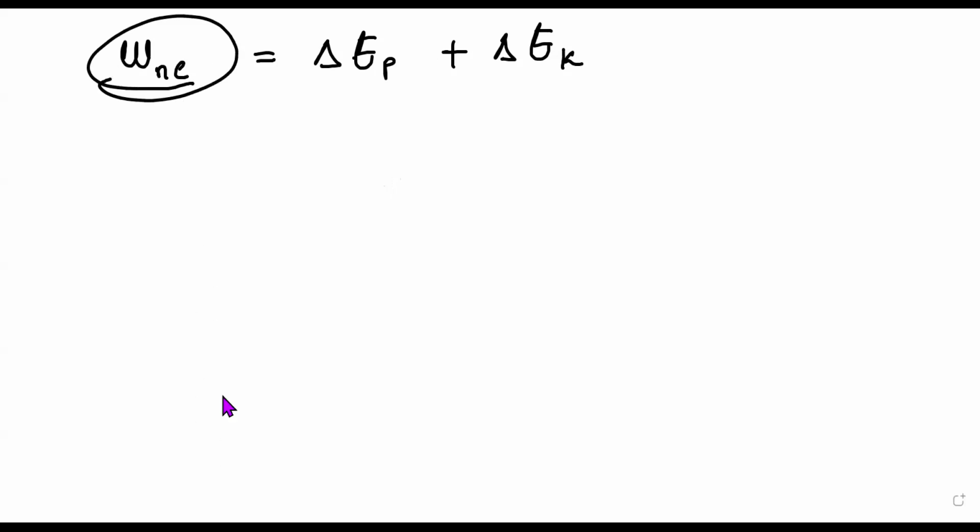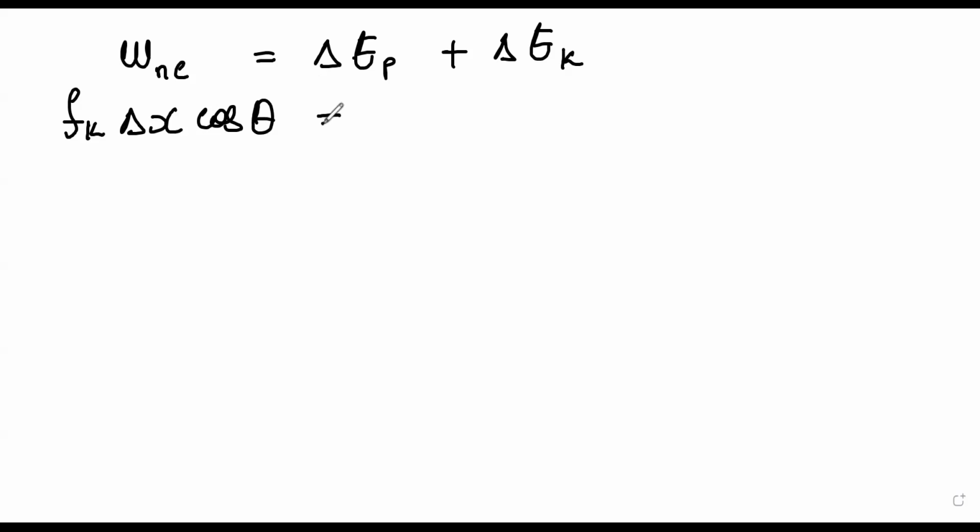Now we say, well, the work done by the non-conservative forces is equal to the change in potential energy plus the change in kinetic energy. All right. Then we say, but what is the non-conservative force in this case? Well, it's actually the frictional force. So you can take your frictional force, multiply it by the displacement, and then say the cosine of theta like that.